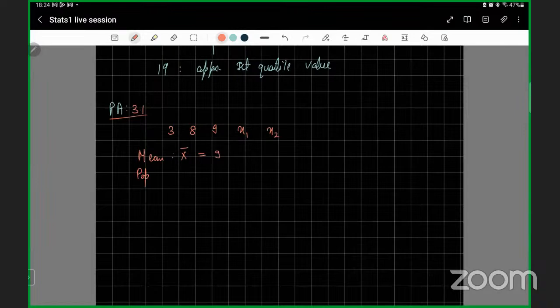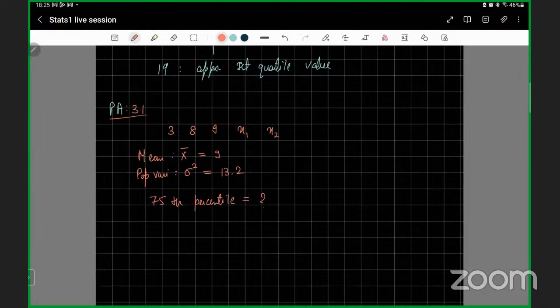And the population variance, let's write it as sigma square, and this is given as 13.2. Now you have to find the 78th percentile for the given data set. What is the 78th percentile?